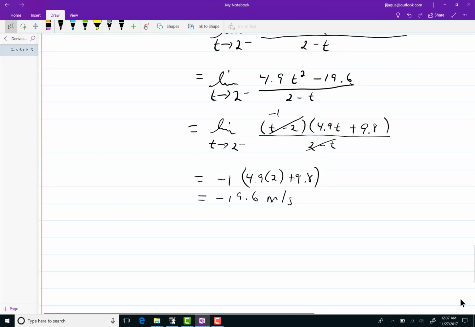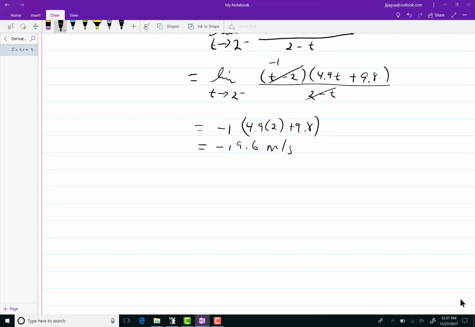So the left and right limits are the same, therefore the limit as t goes to 2, s of t minus s of 2 all over t minus 2 equals negative 19.6 meters per second. Now, this is sort of interesting.